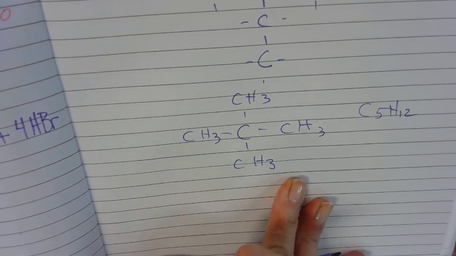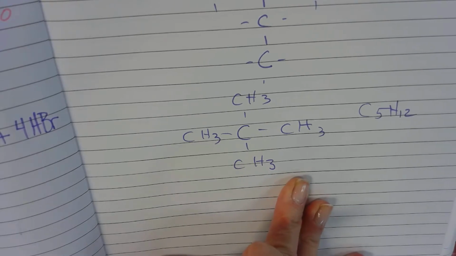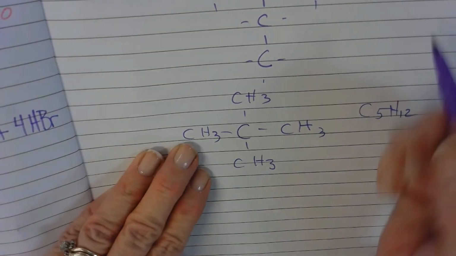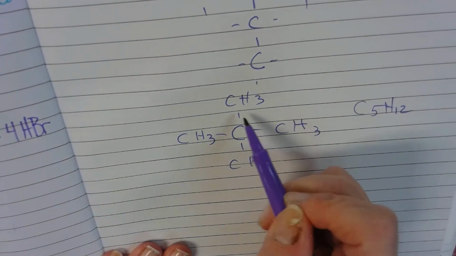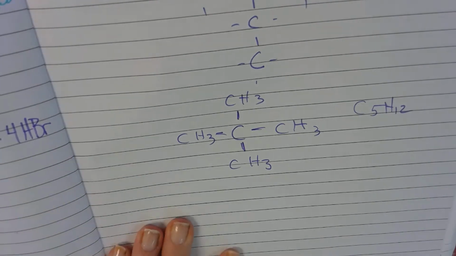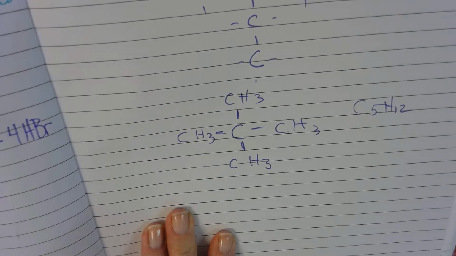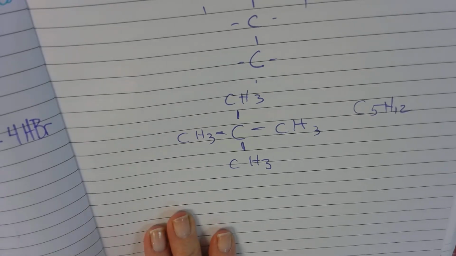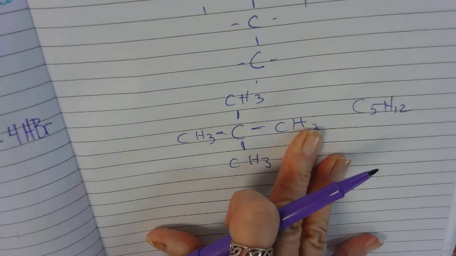Okay, one thing in your book that I didn't cover, again, that you need to know, and it explains this at the very beginning of the chapter somewhere. If you're bonded to 4 other carbons, what do you call that? Is it a tertiary carbon, a secondary carbon? What is it called?